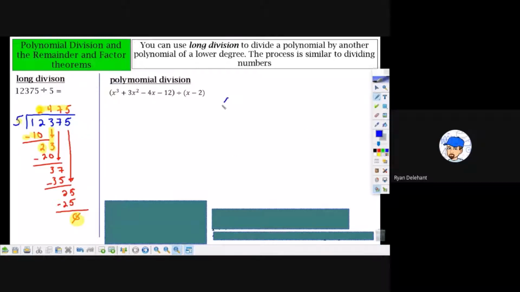So I want to take x minus 2, figure out how many times it goes into x to the third plus 3x squared minus 4x minus 12. So let's write that down. Taking the same thing like I did here, and I'm just doing it with polynomials now.